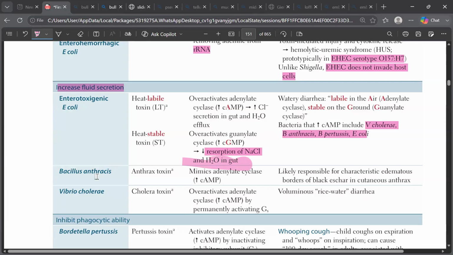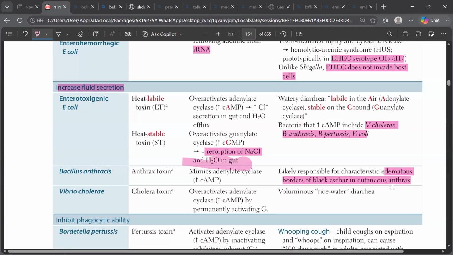Then we have Bacillus anthracis that obviously has anthrax toxin. It mimics adenylate cyclase. It is likely responsible for the characteristic edematous borders of black eschar in cutaneous anthrax. Okay, so anthrax toxin increases the fluid secretion.